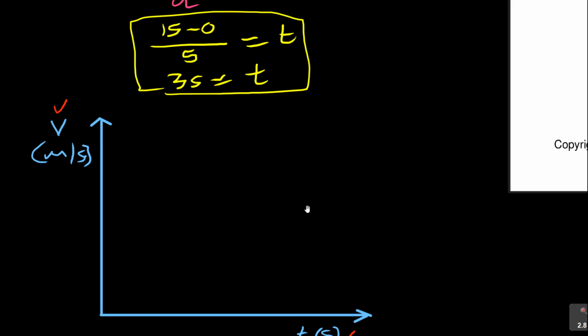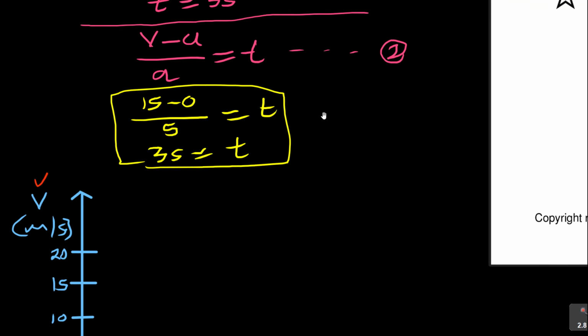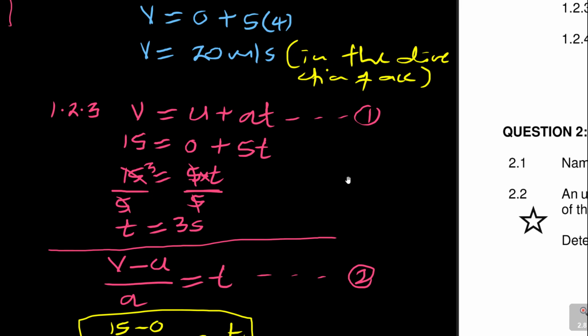So you can divide this by 5 to say this is 5, this is 10, this is 15, and you end at 20. Are you with me? So that's what you need to realize. 5, 10, 15, and 20.